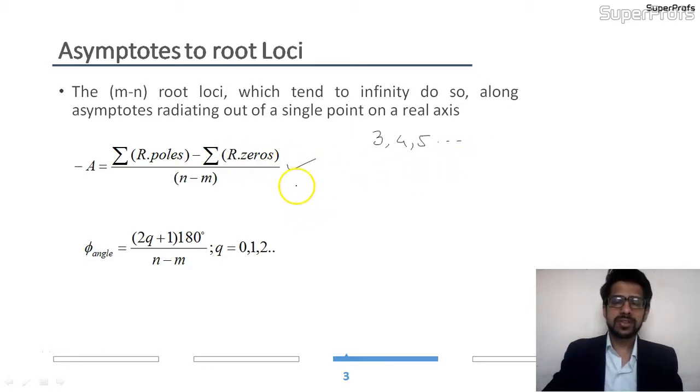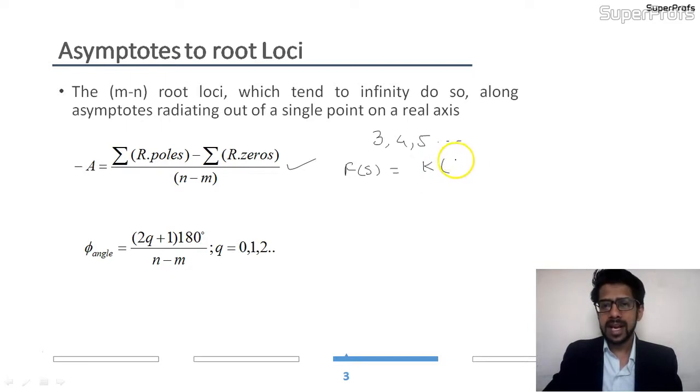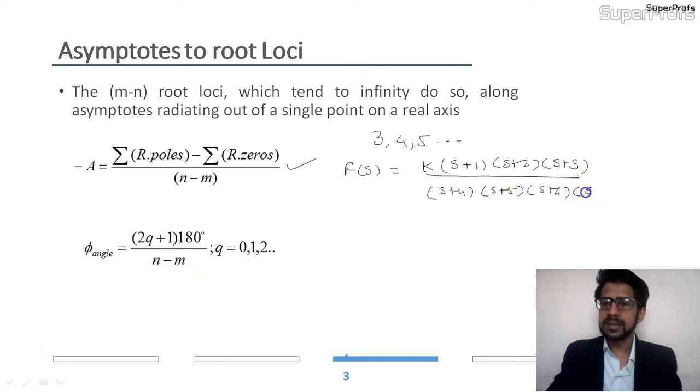In the previous example we had f of s equal to k, with s plus 1, s plus 2, s plus 3 and s plus 4, s plus 5, s plus 6 and s plus 7.